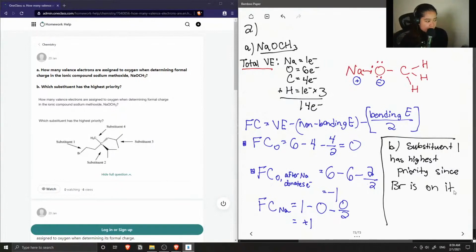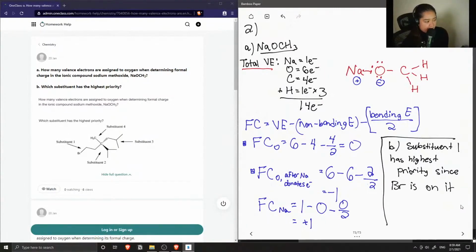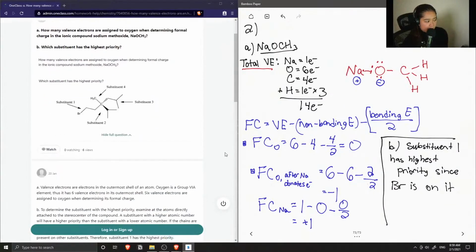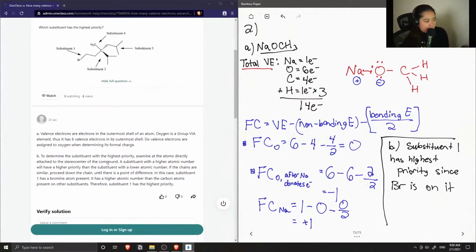Bromine is a substituent that is not carbon or hydrogen, and this is why it is the highest priority. If there was an alcohol group on this compound, then the alcohol would have a higher priority than the bromine. But since the bromine's the only one here, it has the highest priority.